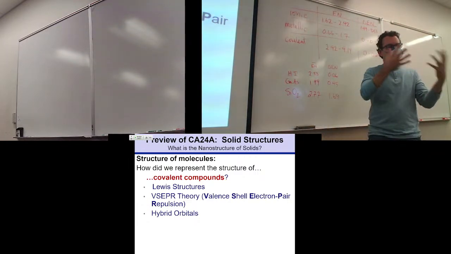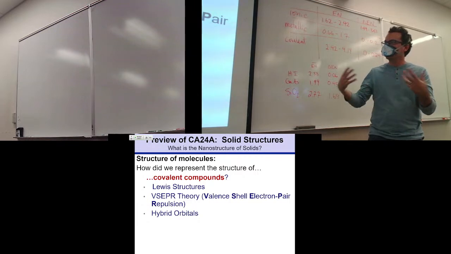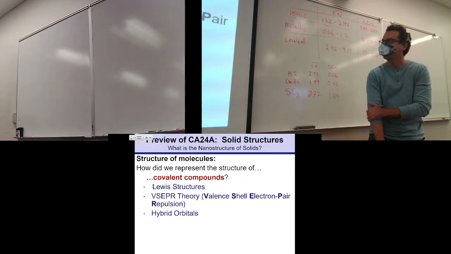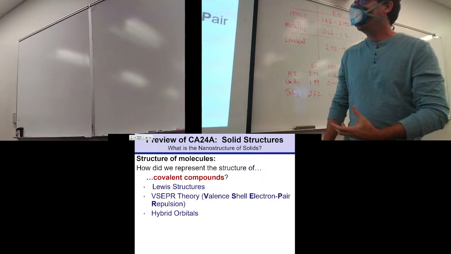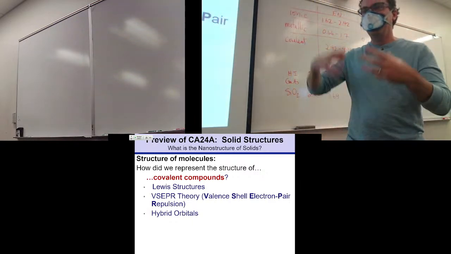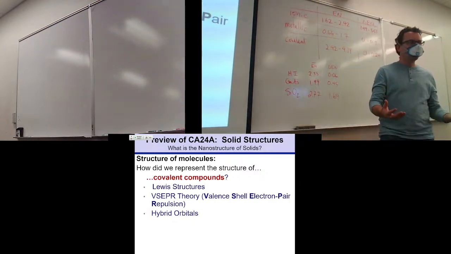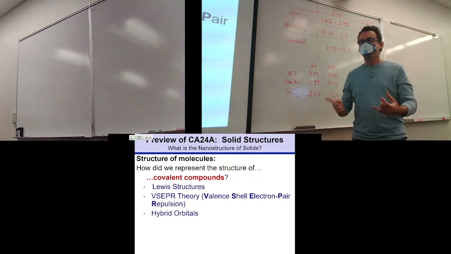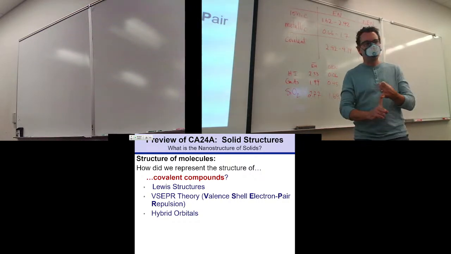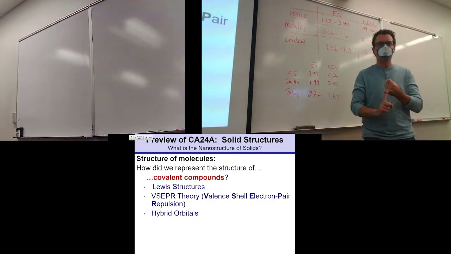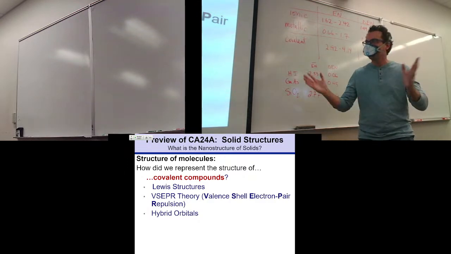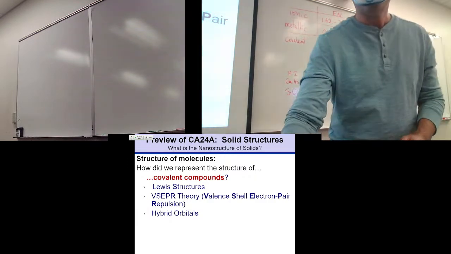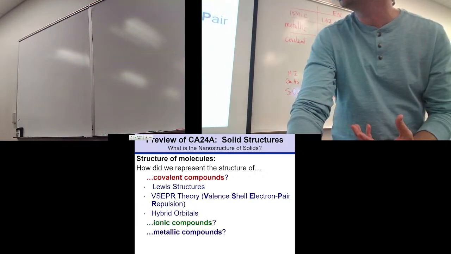So 3D shapes, tetrahedral versus trigonal planar versus trigonal pyramidal. And if we want to describe the bonding, how we get these angles, we can use hybrid orbitals. To make tetrahedral shapes, you do sp3 hybrid orbitals. You mix the s and the p orbitals together. Anyway, that's with covalent compounds.